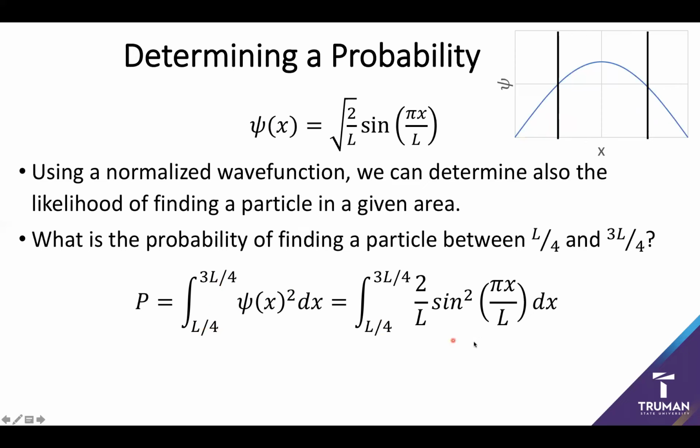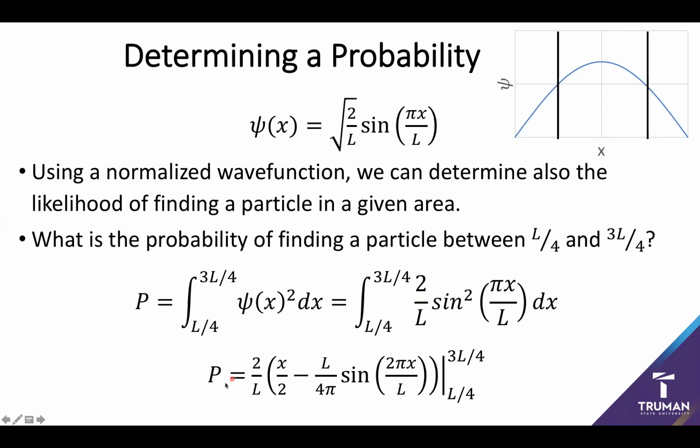Now, this gives us a little bit of a complicated integral, but again, making use of your integral tables, you can reduce the system to 2 over L, because that comes out front. And then we have essentially x over 2 minus this fun sine-dependent term.